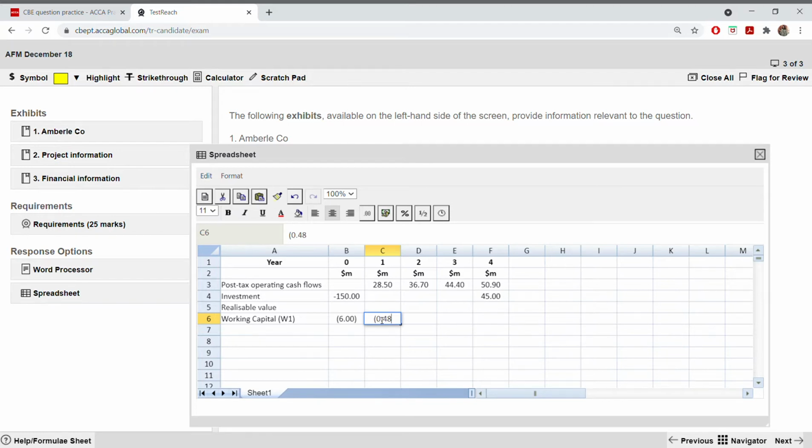0.48. So, I'm sorry, we'll keep it in bracket and see whether our sum function works or not. Then later we can change it to minus. In that case we'll make this also in bracket.